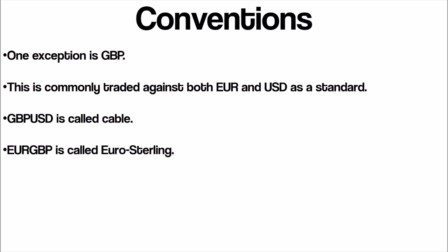And EUR GBP is called euro sterling, so that's the euro traded against sterling. So it's important to note that the base here is switched, so there is no convention. In the case of cable, sterling is the base, and in the case of euro sterling, euro is the base. So that's just something to be aware of.